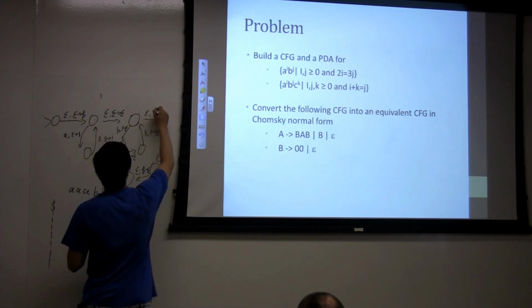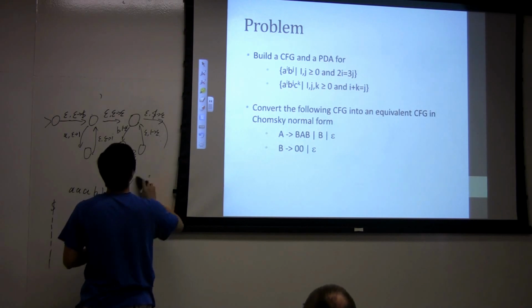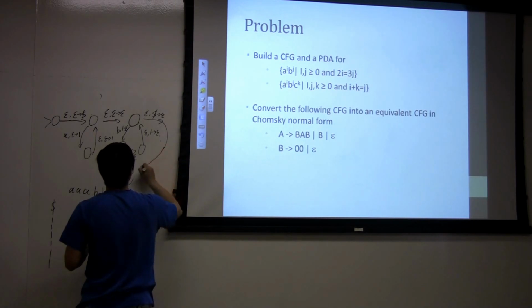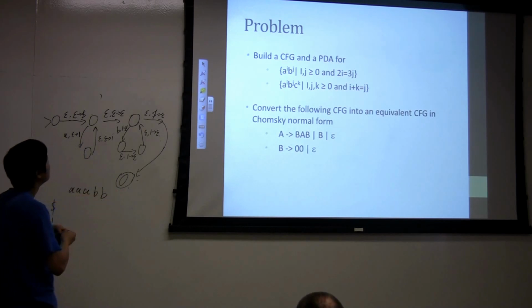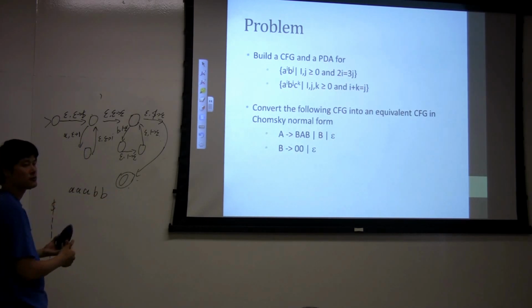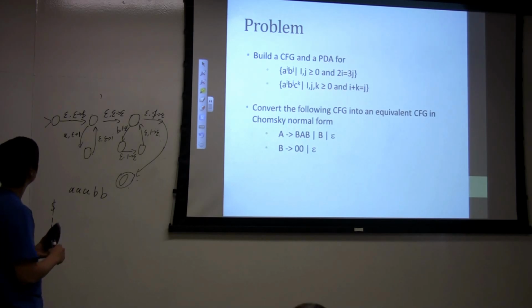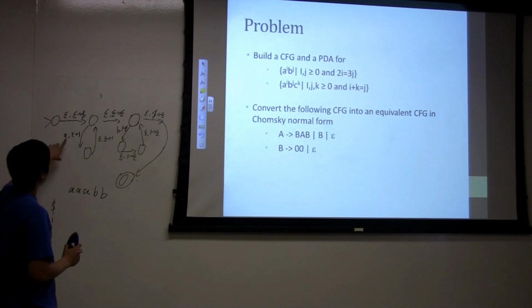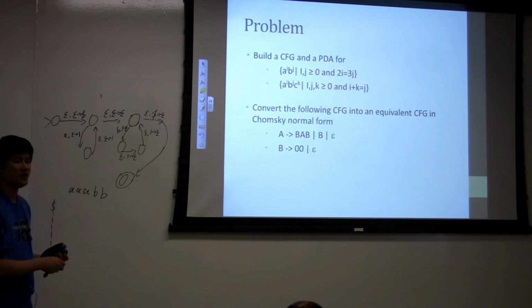Yeah, that will work too. Will you have another loop that goes back to the A loop so that you can keep growing the string? No, you read all your A's first. Right, never mind. That will screw up the order of A and B.